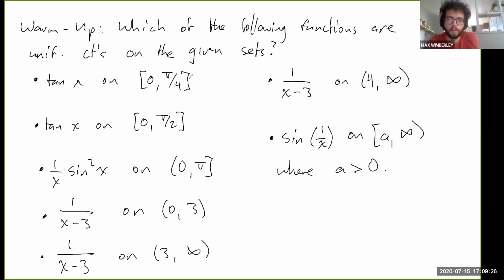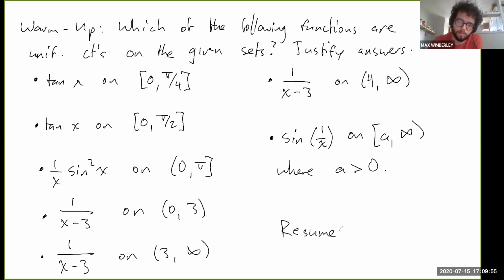So yeah, try to justify your answers. Obviously don't waste time writing down big, long proofs, but just think about what theorem would I invoke to justify, or in a sentence or two, how would I explain why I believe what I believe? So yeah, let's say we'll resume at 5:15.